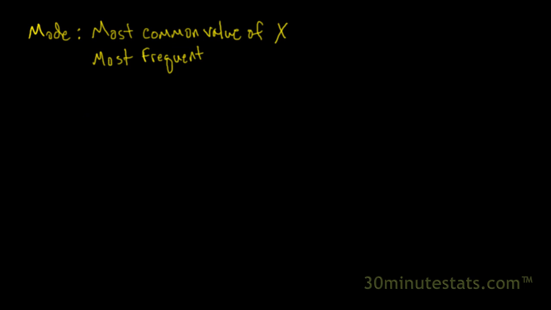So for example, we could take a very simple array here, and let's say we've got A, B, B, C, D, and B. Well, in this case, we've got 1 A, 3 B's, 1 C, and 1 D. So because there are 3 B's, and that's the most commonly occurring letter here, then we'll say that the mode of this variable x is B.